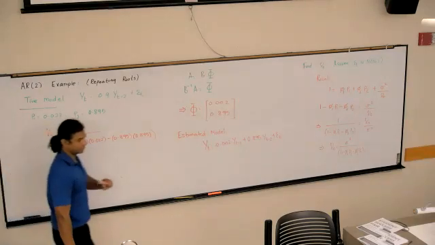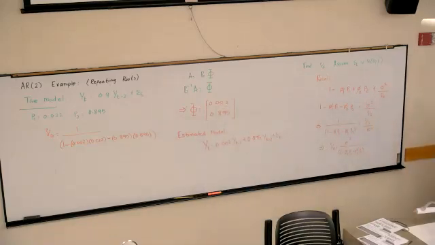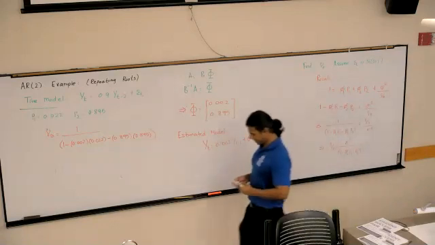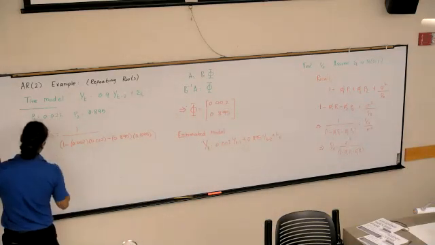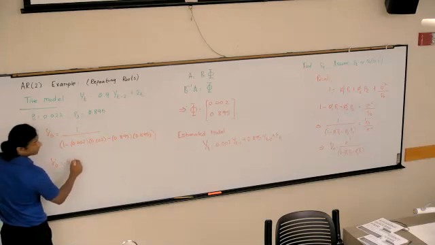Plug it in and tell me what you get. We end up getting the variance of the series to be 5.033.